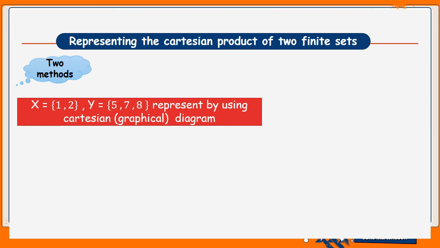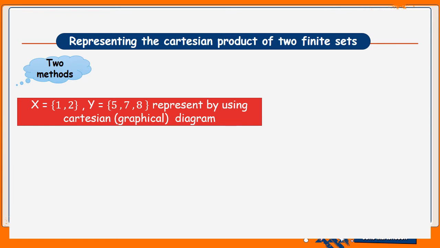We have the horizontal line for the first projection, x, and the vertical line for the second projection, y. So we represent the Cartesian diagram with (1,5), (1,7), (1,8), and also (2,5), (2,7), (2,8). So our example gives the cross product (1,5), (1,7), (1,8), (2,5), (2,7), (2,8).